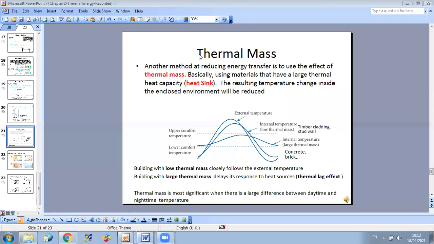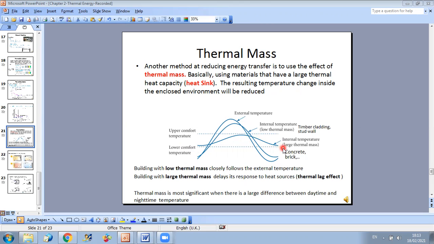So we have first the profile of the external temperature, which represents the variation of the external temperature for a whole day. We have the variation of internal temperature for the case of a building with low thermal mass, and we have the variation of temperature for the case of a building with large thermal mass.